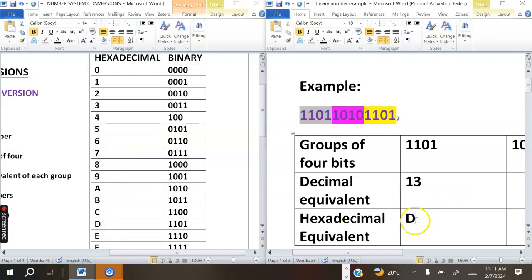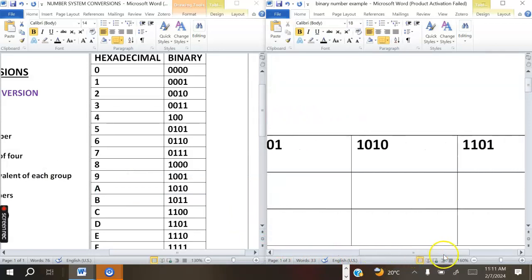So it's supposed to give us the letter D. Well, for 1010, where is 1010? This is 1010. If you look at the hexadecimal to binary, it's supposed to give us a value of A. A is equivalent to 10.